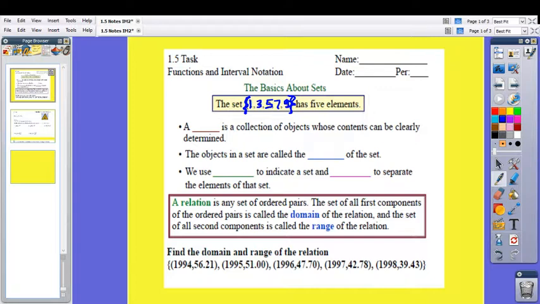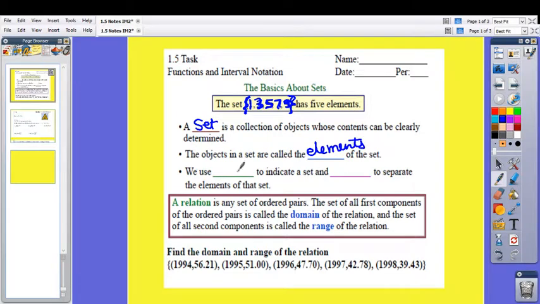So a set basically is a collection of objects whose contents can be clearly determined. Then the objects in a set, these we are talking about, these are the objects 1, 3, 5, 7, and 9. So these are called the elements.